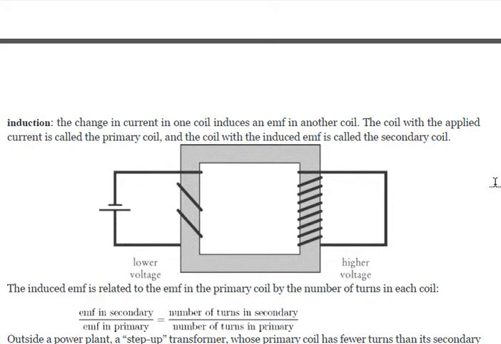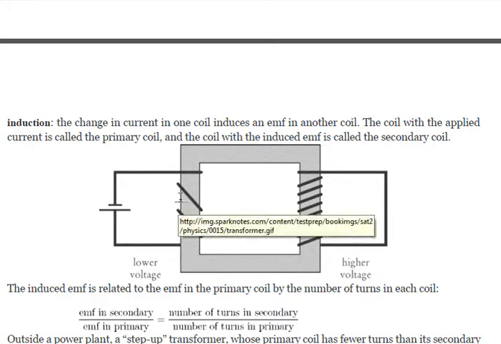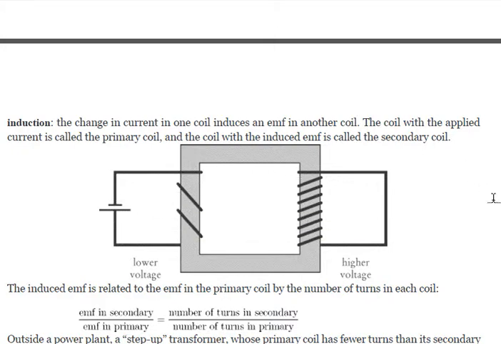So the change in current in one coil induces an EMF in the other coil, and then that coil with the applied current. These are really popular in microwaves. This would be like where you plug your microwave into the wall, and that would be your primary coil, and the coil with the induced EMF somewhere inside of your microwave would be the secondary coil.